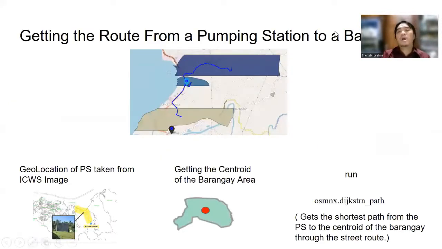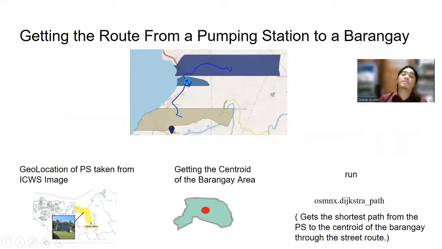Now, how did we get the route from the pumping station to a barangay? First, we get the geolocation, or the latitude and longitude, of the pumping station, which we estimated based on the ICWS image that they provided, and then we get the centroid of the barangay area.